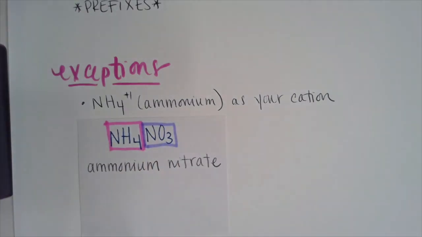That's one exception. A lot of times people will look at this and they'll say, oh, well, it has to be molecular because it's made up of all nonmetals. Not necessarily. Ammonium compounds will act ionic because they dissolve very, very easily, or rather they dissociate very, very easily.